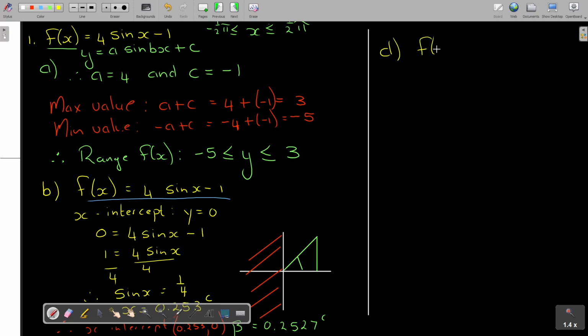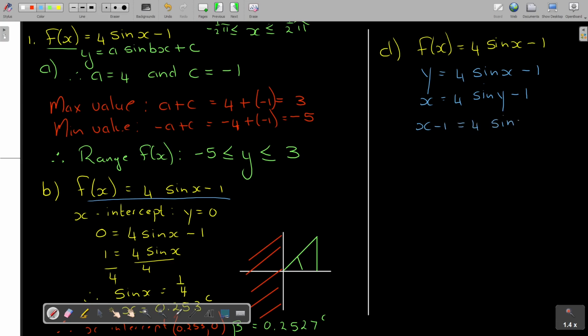The function was f(x), which is there. Now I make it y equals 4 sin x minus 1. How do I find the inverse? When I see a y, I make an x, and when I see an x, I make a y. Then I take this over, so x minus 1 equals 4 sin y. I divide by 4, I divide by 4.